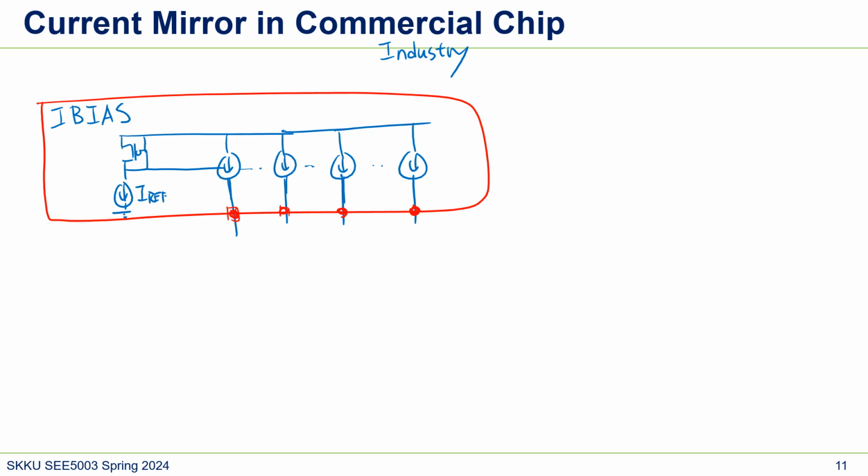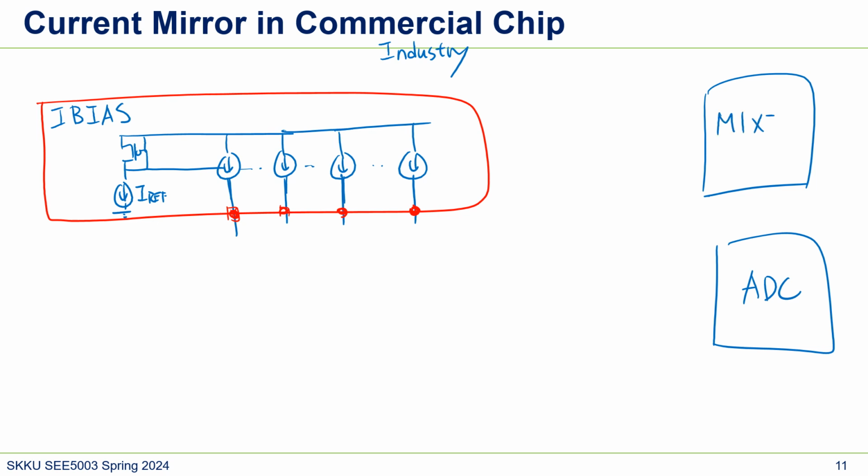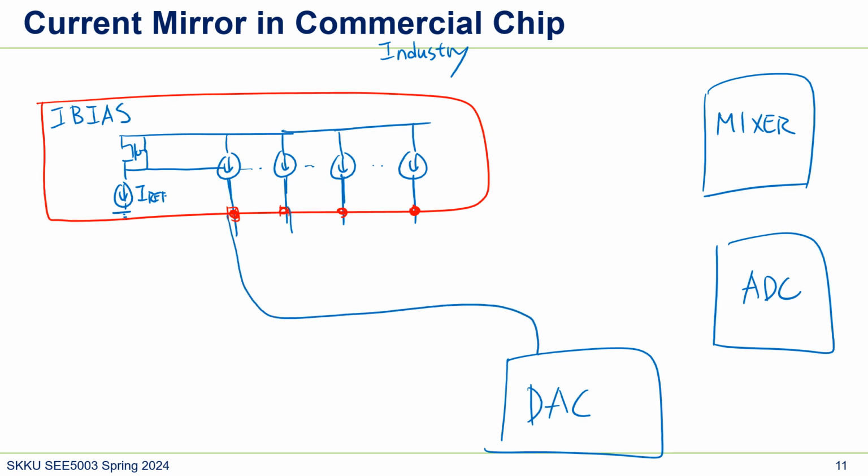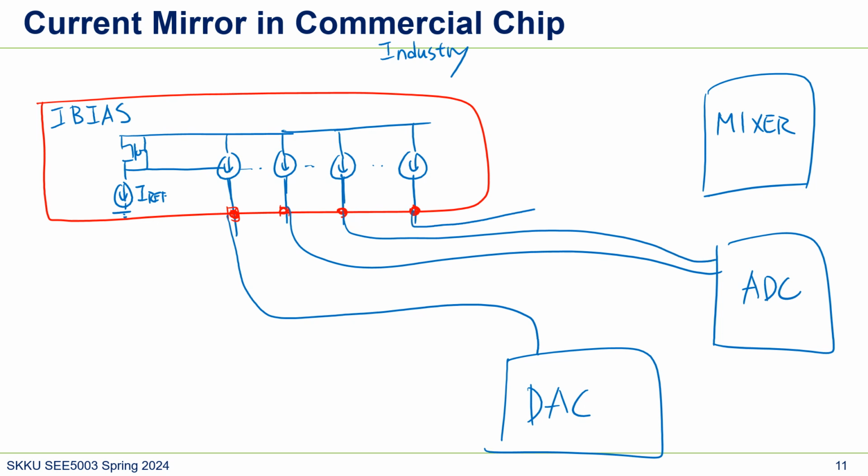Let's say this whole space is a chip, like the layout, and here is some ADC, or maybe here is some mixer, or here some DAC, and there is a main current bias block, and this block provides the current source to here or there. Maybe this ADC requires two current sources, and this mixer uses one.